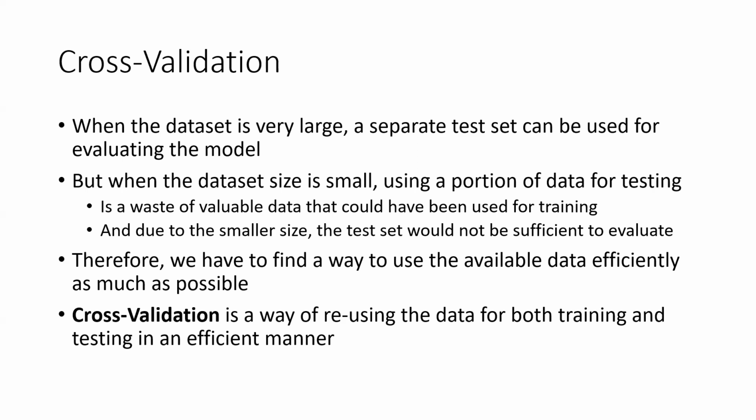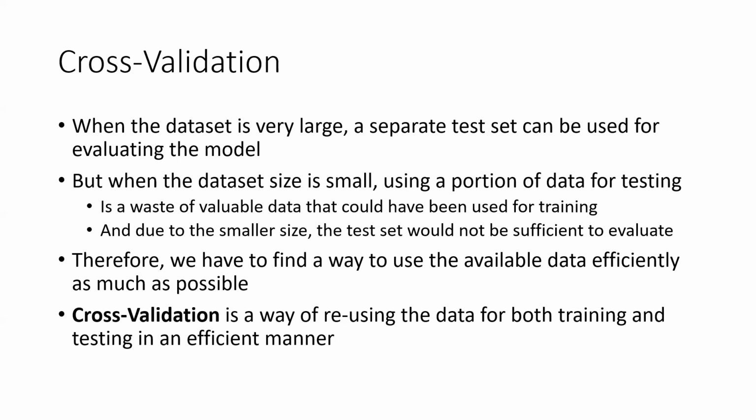Because you have less data to be trained, your model would be less accurate. And for the testing also, you are using a very small amount of data, so you would not have a very correct measure of the accuracy, because the test set is also small.